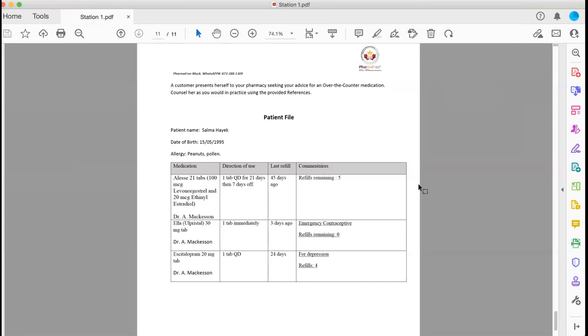Okay. I can see also that you should have been using Alice for some time, but you didn't fill it for 1.5 months. Any reason for this? Yeah, I stopped it because of some side effects, leg swelling and stomach upset. Did you ask your doctor for anything else as a contraception?